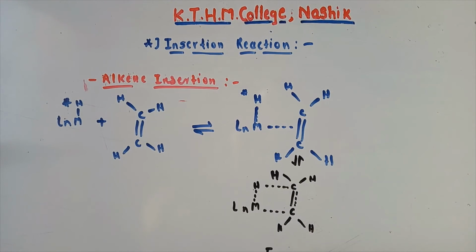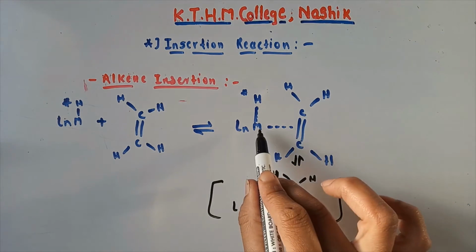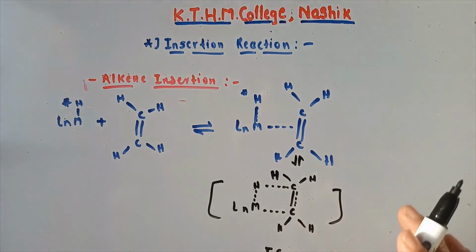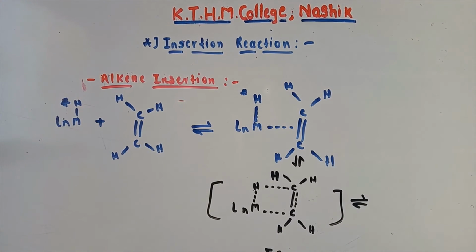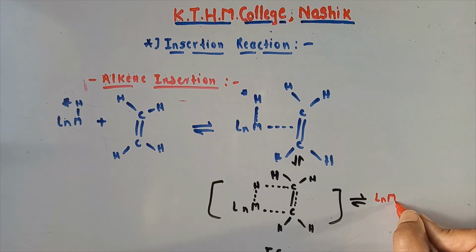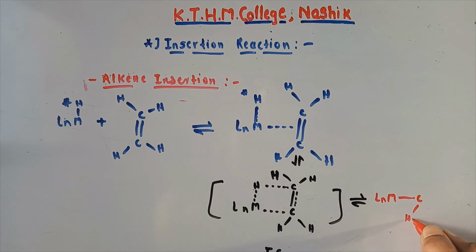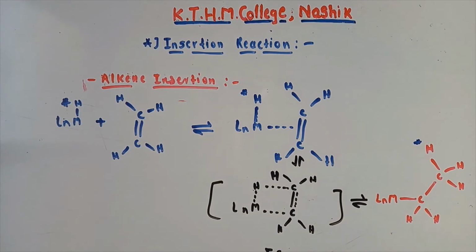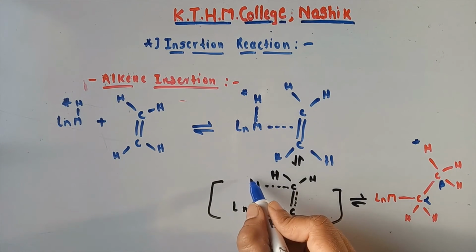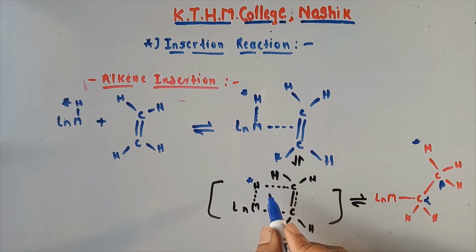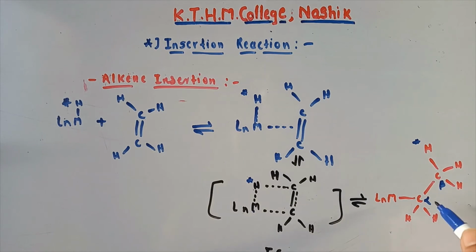Here is the formation of a four-member transition state between the metal, both carbons, and the hydrogen, which gives the product LnM-CH2CH2 with the star H. So this is the metal center, here is alpha, here is beta, and there is transfer of this H from the metal center to the beta carbon.